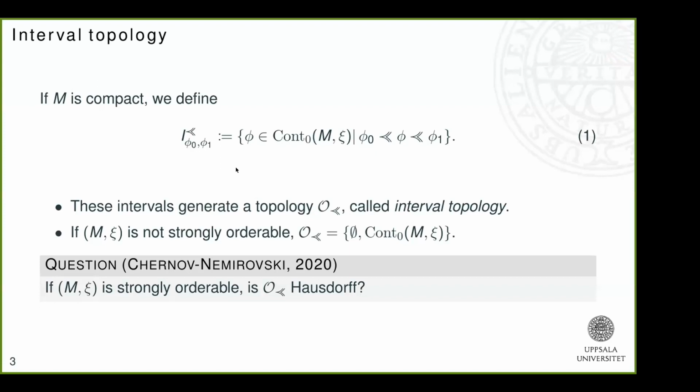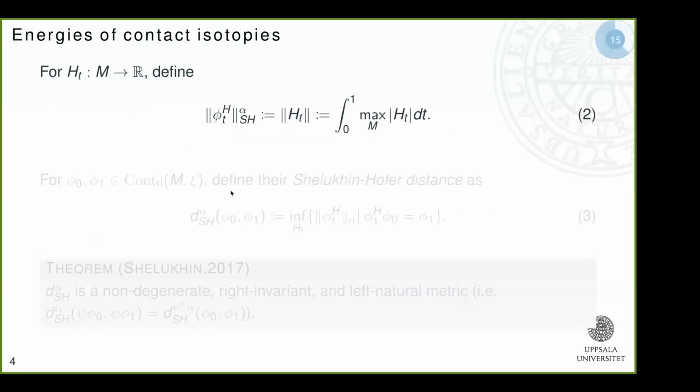But before that, I want to talk about the energy of a contactomorphism. Namely, since we have a contact form, we can associate Hamiltonians to contact isotopies, and we can use those to measure the energy of a contact isotopy.